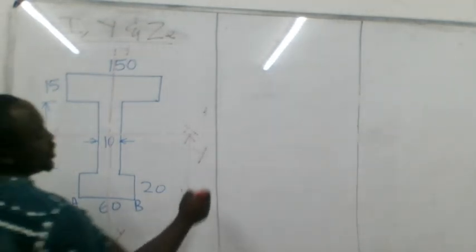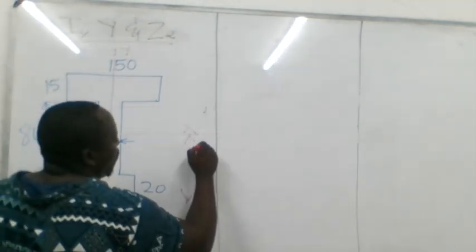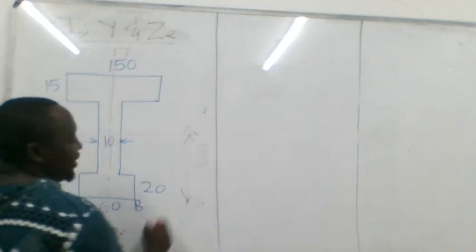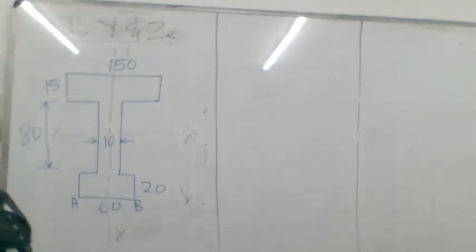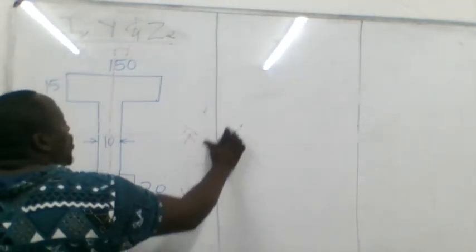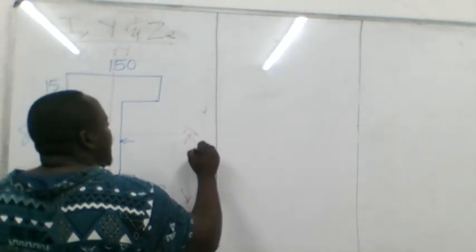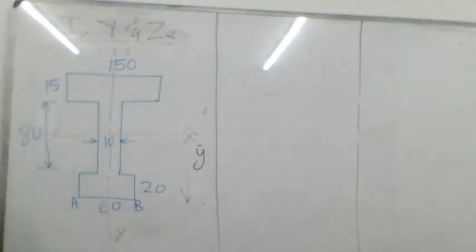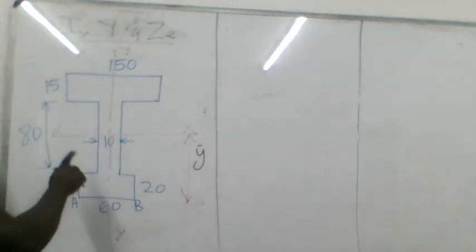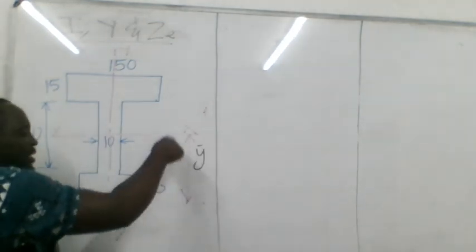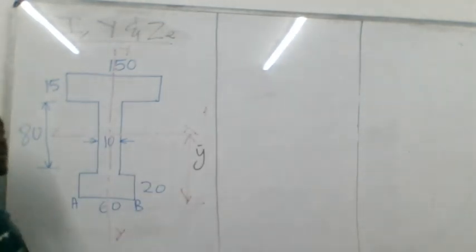In some books, when we solve, we say Y bar. When we are dealing with the strength of materials, we call it Y bar. In structural construction, you just say Y. Y is measured from XX axis to the base.